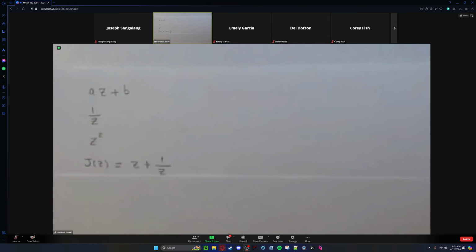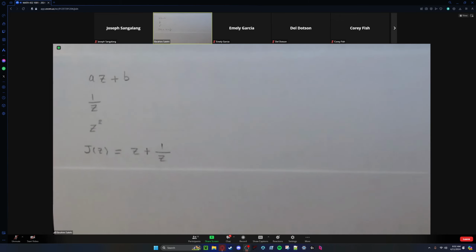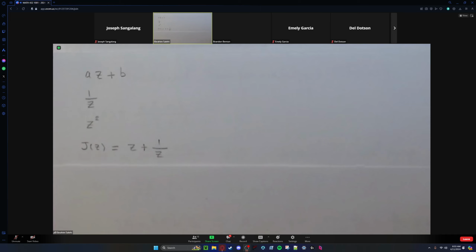And finally, I talked about this Joukowski's airfoil, which was a pretty interesting topic. What I did in that Joukowski, I sort of had a bunch of observations about what this function does. And then at the end, we put it all together and we got some beautiful results.